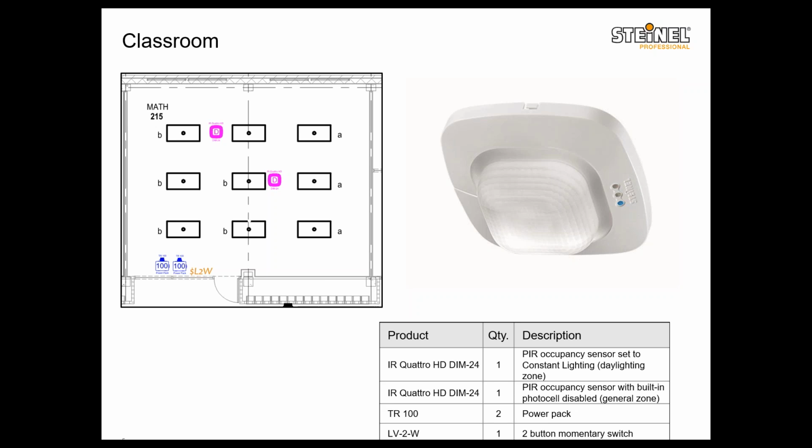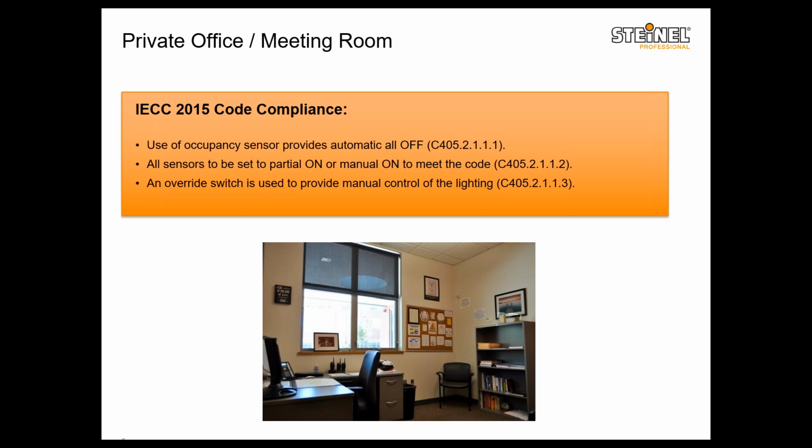And the next area is actually a rather easy area. It's private offices and meeting rooms. Here, we're talking about areas smaller than 300 square feet, because when you go bigger than that, then you probably have multiple zones.